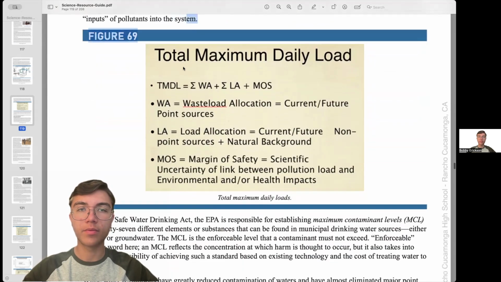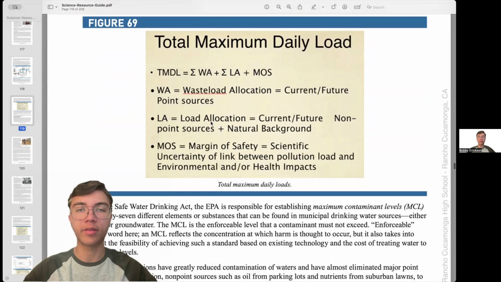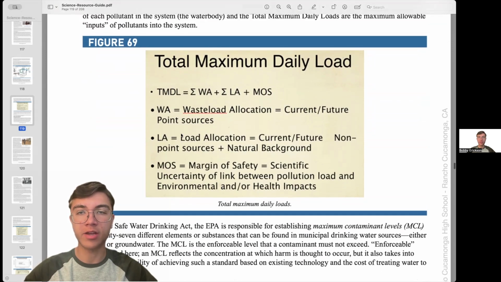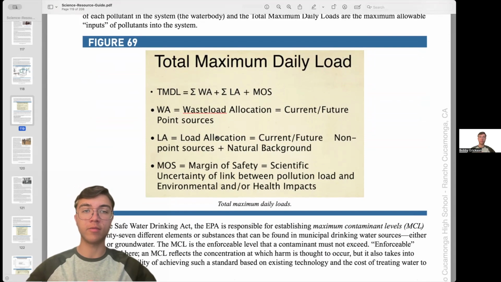And so here we have a chart that outlines how the total maximum daily load is calculated. It's calculated by point sources plus non-point sources plus natural background. The current and future point sources are known as the waste load allocation.